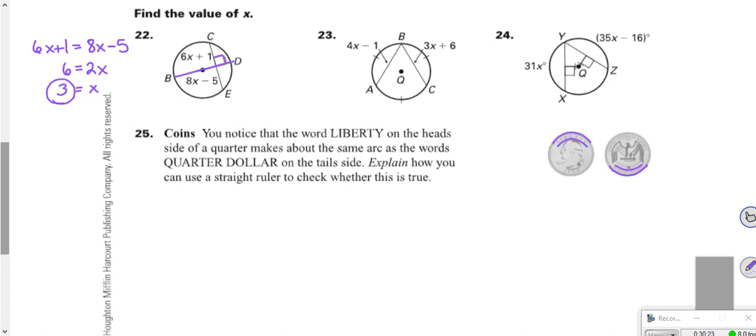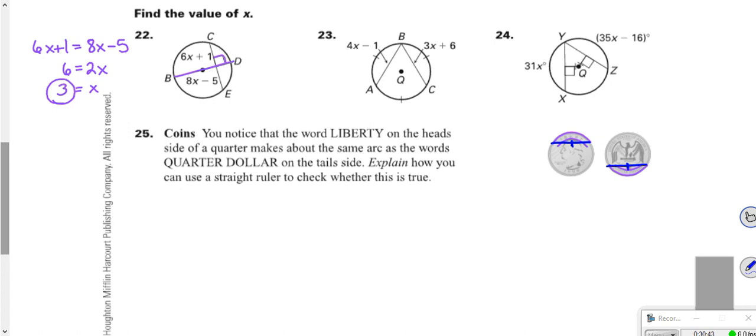So here's how we would do this. Essentially, use a straight edge, measure this length, and measure this length. Are those congruent? If those are congruent, then the arcs are congruent. That's what you would be doing.